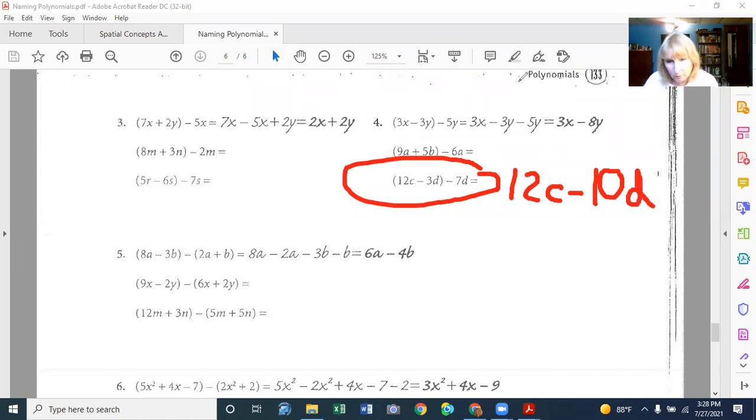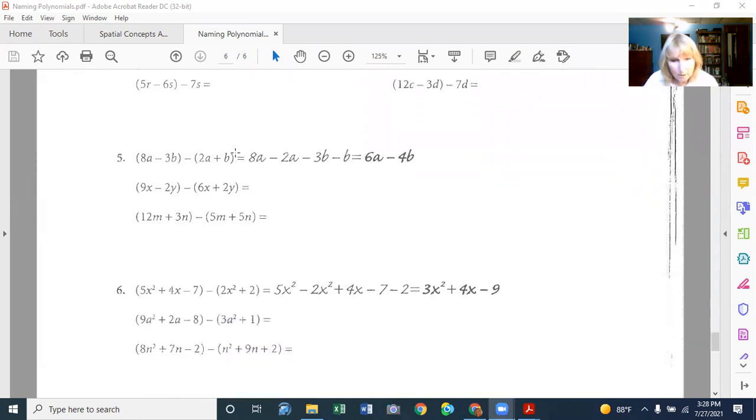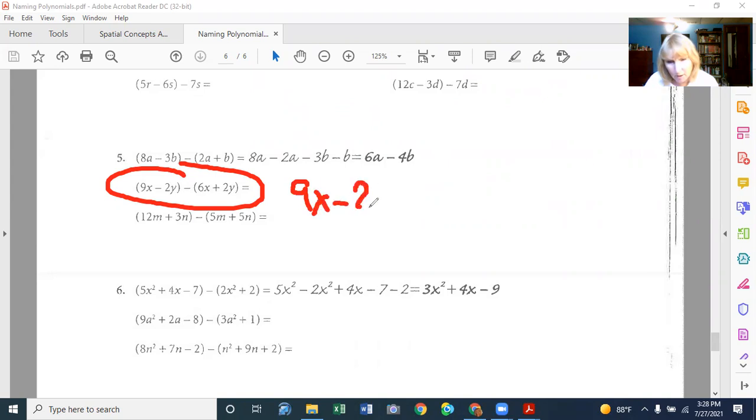Where it becomes a little tricky is starting with number 5. So here you have parentheses. We'll look at this one here. Here you have parentheses minus something in parentheses. So you have to change the sign because it's minus everything in parentheses. So you have to change the sign of everything in the second parentheses. And be careful, this is a good test question. So we have a minus 6x.